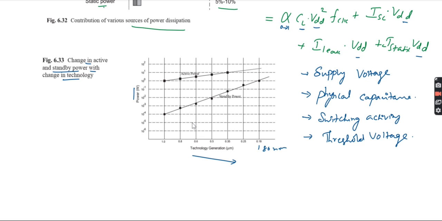As the channel length reduces, the standby power is increasing, but the active power is not. The standby power is increasing exponentially. So this is about the sources of power dissipation, and we have seen all the factors involved in power dissipation.